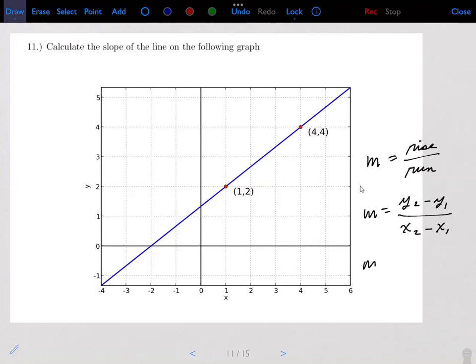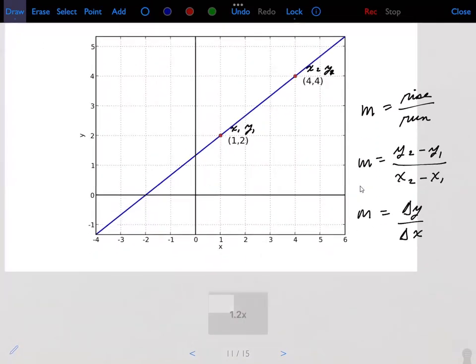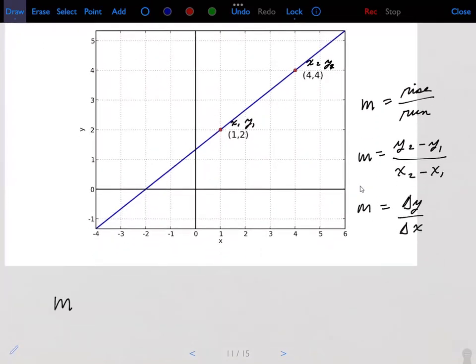Or you could even write it as change in y, delta y, over delta x. So if I relabel this x1, y1, and x2, y2, then I have m equals y2 minus y1 over x2 minus x1.